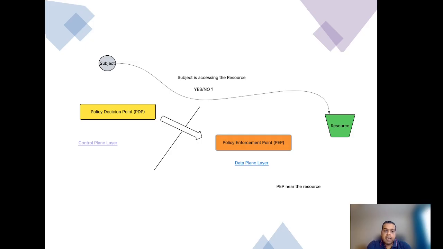So it is directly in the path of the user's request, and it is very important to consider the latency and reliability aspects. So this is about the control plane layer and the data plane layer when it comes to the zero trust architecture framework.